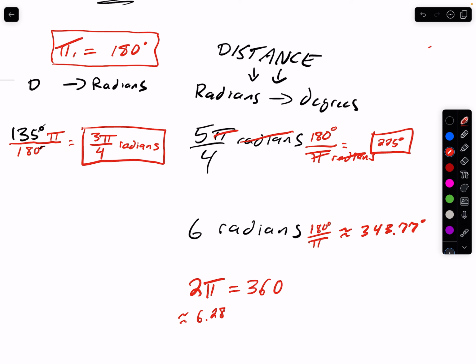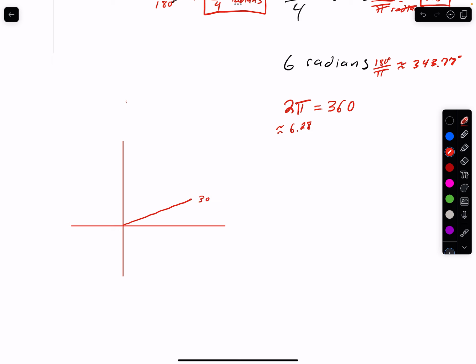The last thing I wanted to show you is what happens in the first quadrant of the unit circle. In the first quadrant, it's a good idea to have these values memorized. If I open up 30 degrees in this rotation, that is the same as pi over 6 radians.